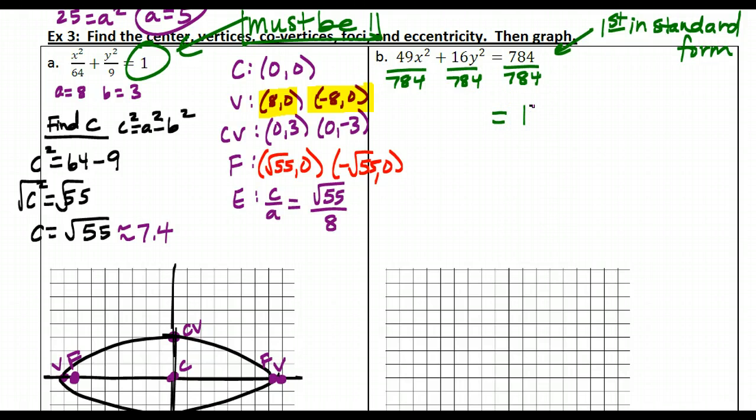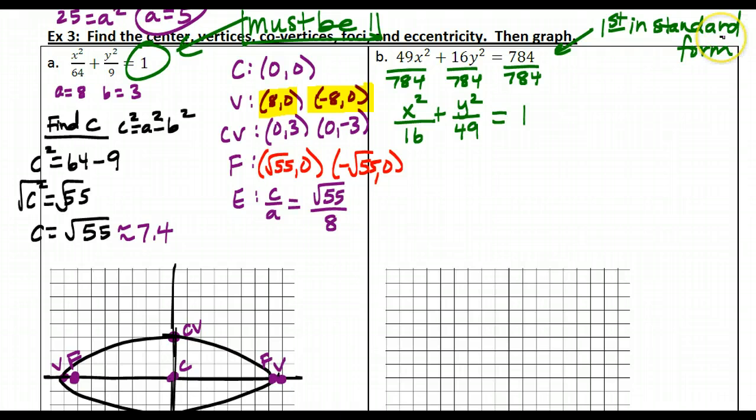That's what my ellipse formula is. That has to always be a 1 for an ellipse formula. And these were actually conveniently made so that they would work out kind of nicely. So actually 49 divided by 784 ends up being 1 over 16. And 16 over 784 ends up being 1 over 49. So it reduces down to that.